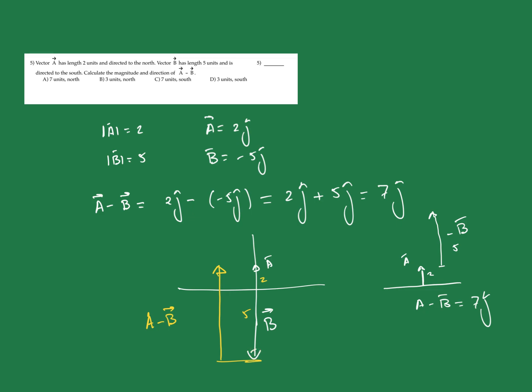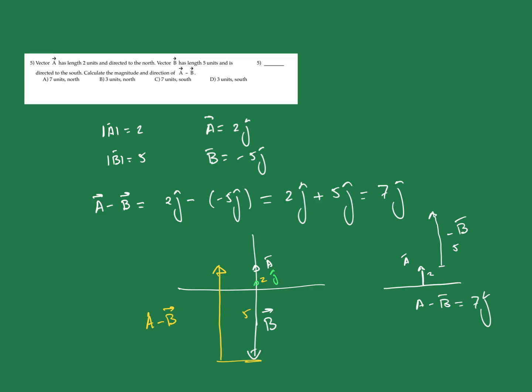And the vector A minus V is the vector that goes from the head of V to the head of A. So it will have 5 units here and 2 here. It will have 7 in the j direction.